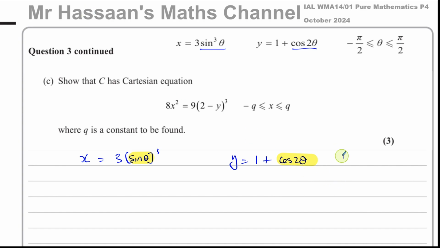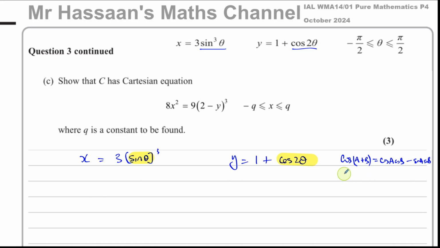So let's just go from the beginning. I know cosine of A plus B is equal to the cosine of A times the cosine of B minus the sine of A times the sine of B. We know that from our addition formula.